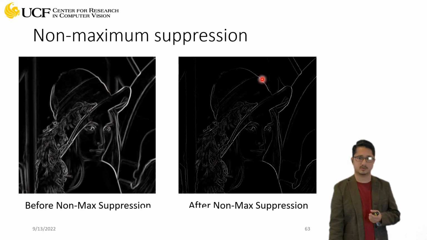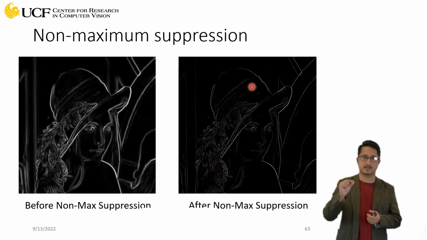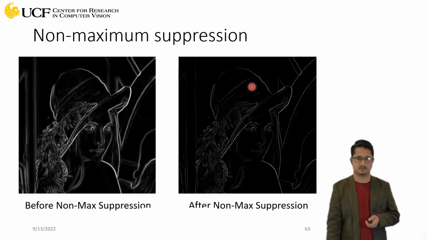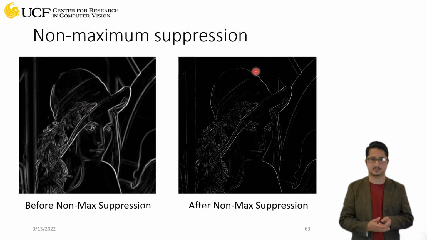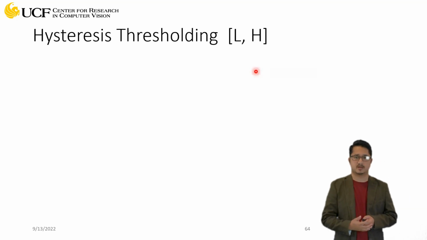What happened is, because this is the edge direction, the normal will be in this direction, right? So if you look in this direction, then only one of the pixels will be called an edge. You will suppress all the others. So that's one additional step we have in Canny edge detection.